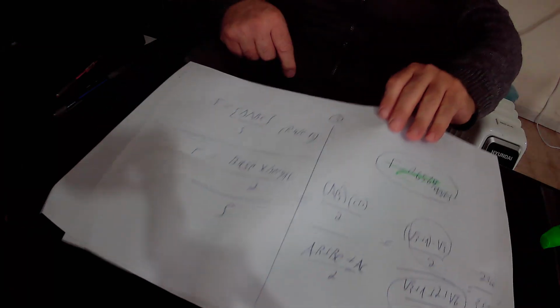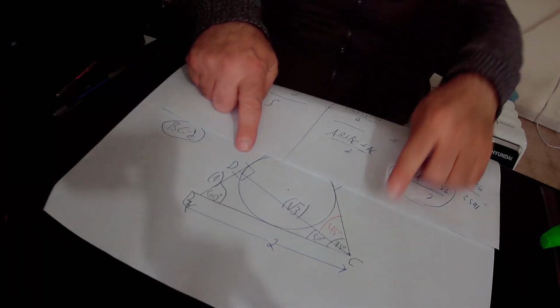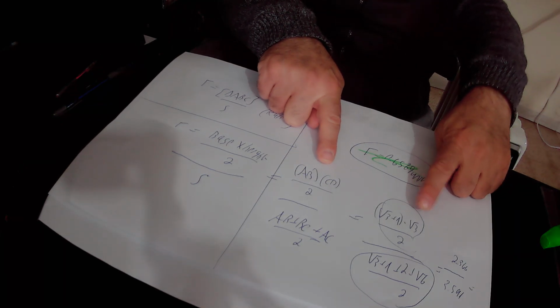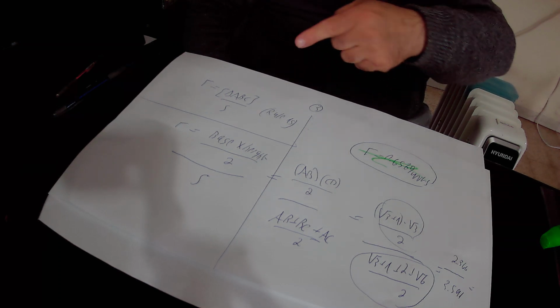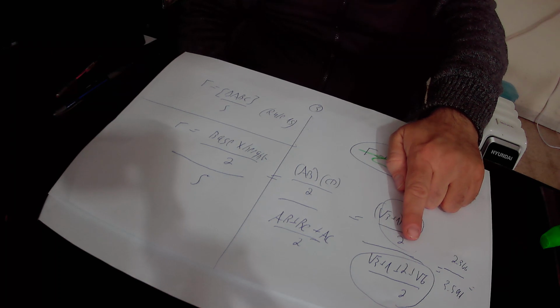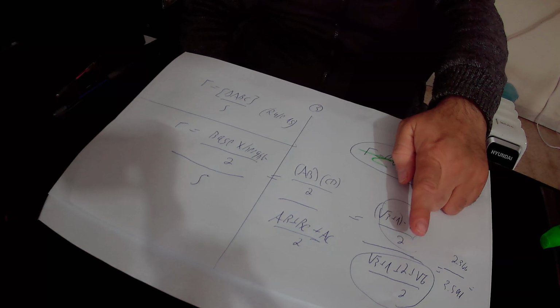Here, AB equals the square root of 3 plus 1, times CD, and CD equals the square root of 3, divided by 2. And the semi-perimeter of triangle ABC equals AB, that is square root of 3 plus 1, plus BC, that is 2, plus AC, that is square root of 6, divided by 2.